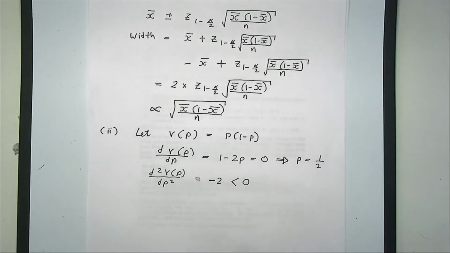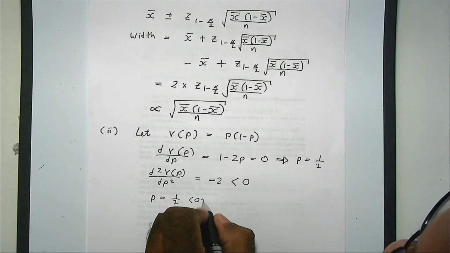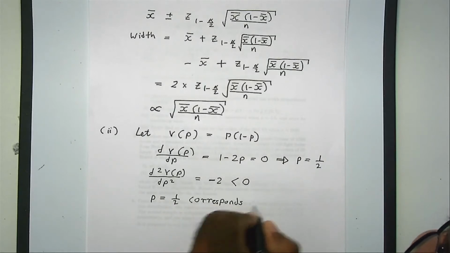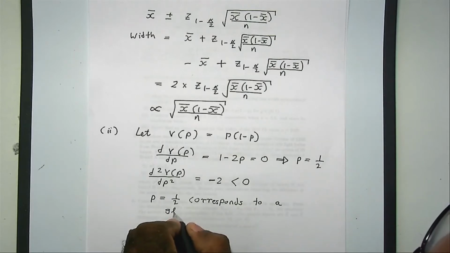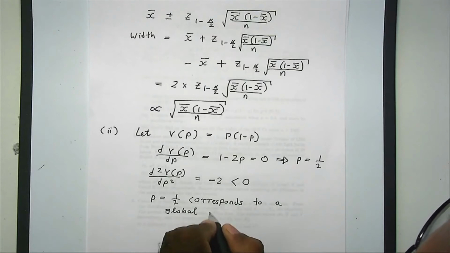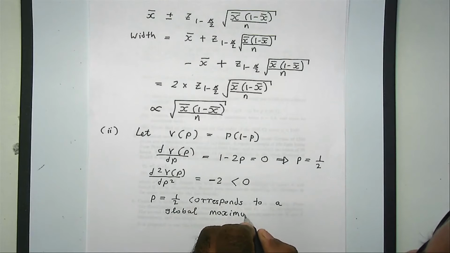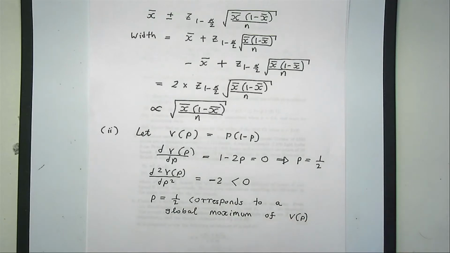So what this suggests is that the function attains its global maximum at p equal to half.